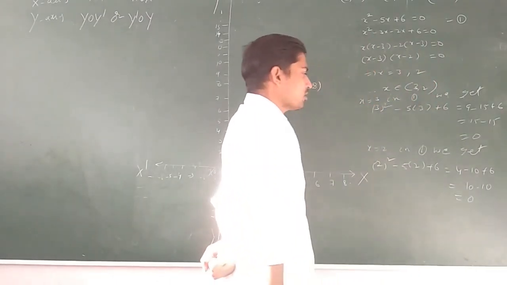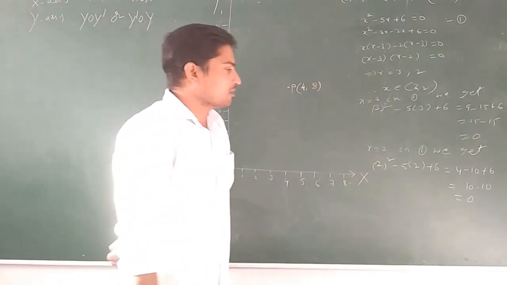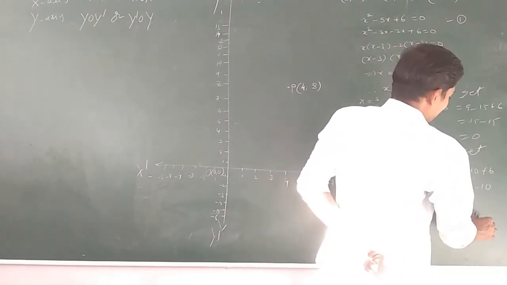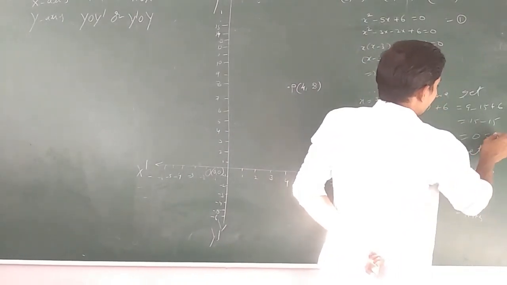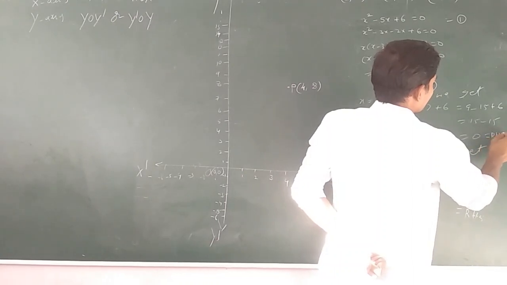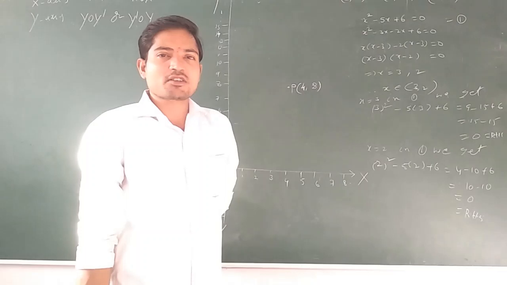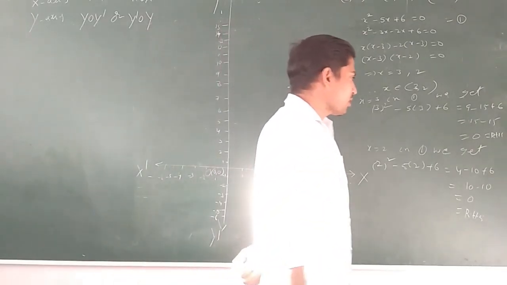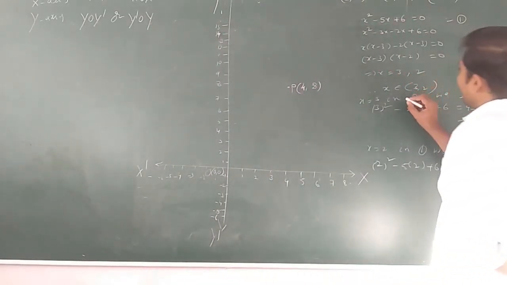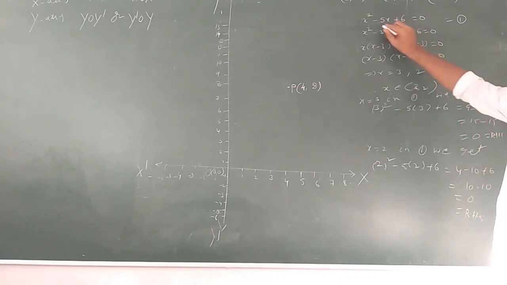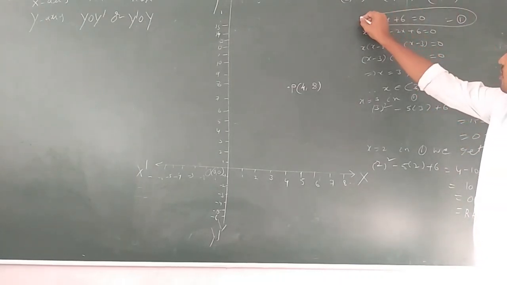That means finally I got 0, which is equal to the RHS. LHS equals RHS, so the equation is satisfied. So the values 3 comma 2 are satisfying the given equation.